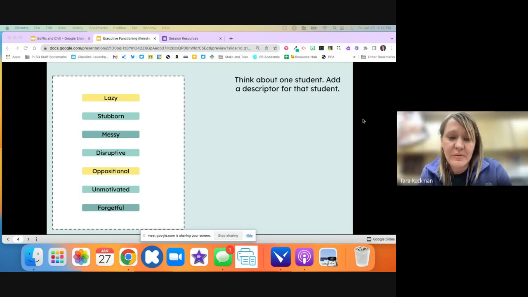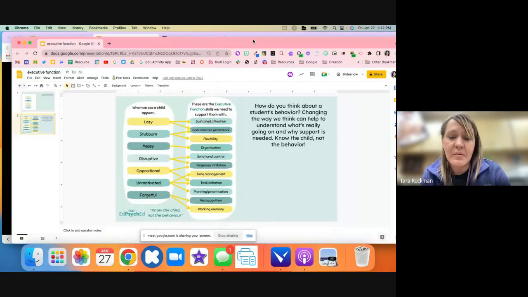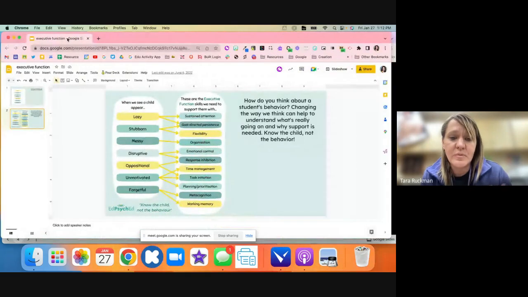So when we start to think about these adjectives, these descriptors of students, that's our starting point. Once we've identified some of these, we start to realize in a quick informal assessment what their needs are. If they are lazy, then they need support in sustained attention and goal-directed persistence. Maybe messy, they need organization.